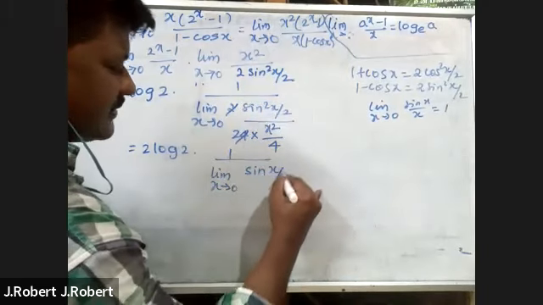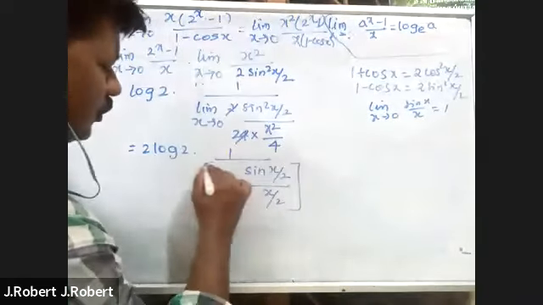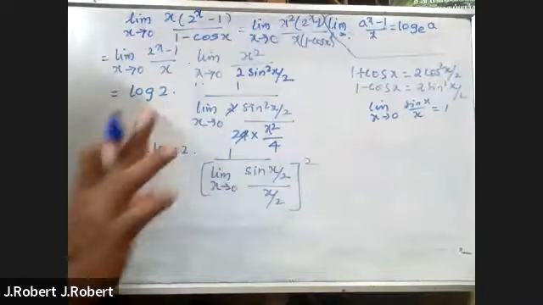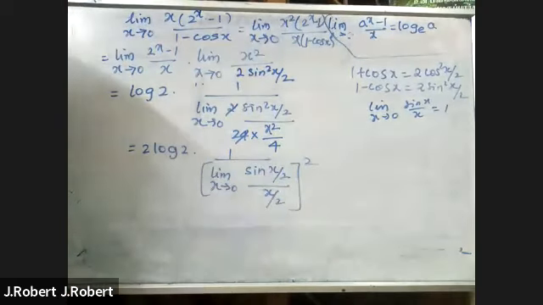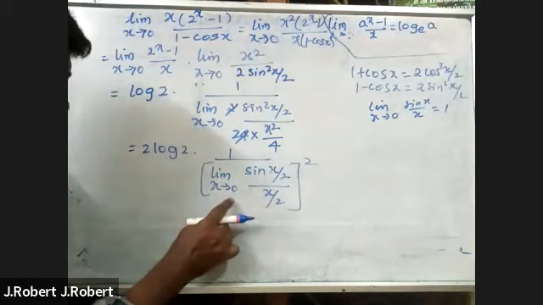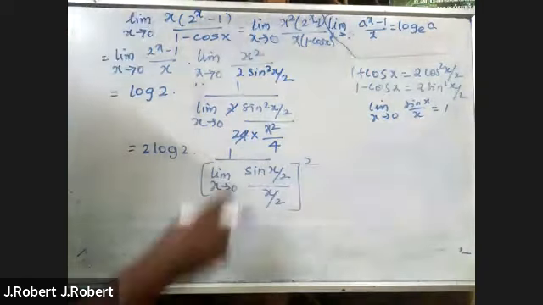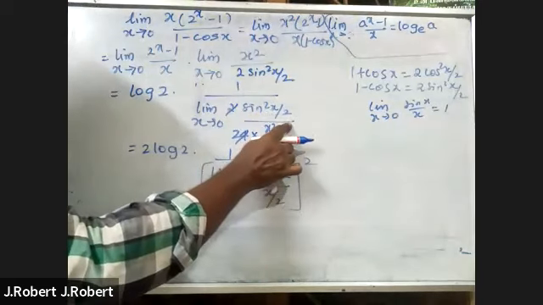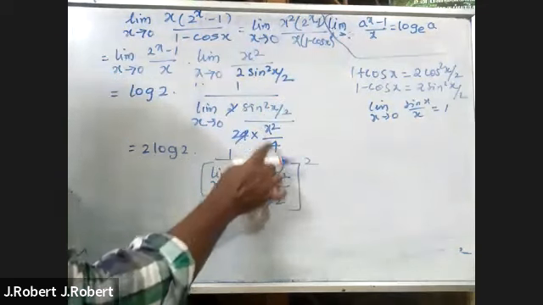sin x by 2 divided by x by 2, the whole square. Its value becomes 1, because if x tends to 0 then x by 2 also tends to 0, so limit sin x by 2 over x by 2 becomes 1. Now we have sin square x by 2, so x by 2 squared gives x square by 4.